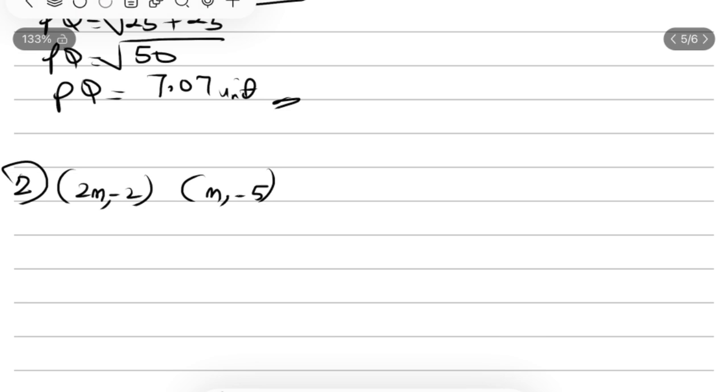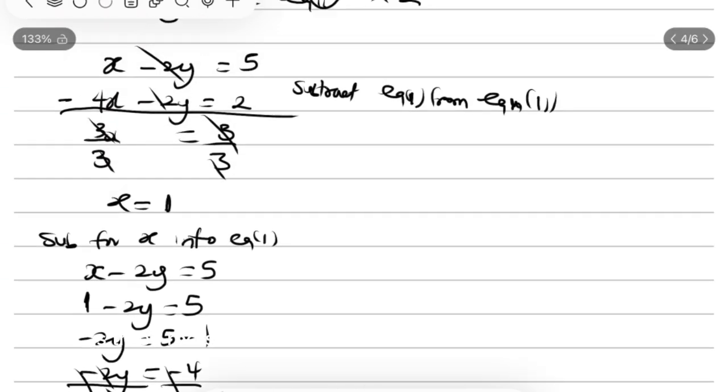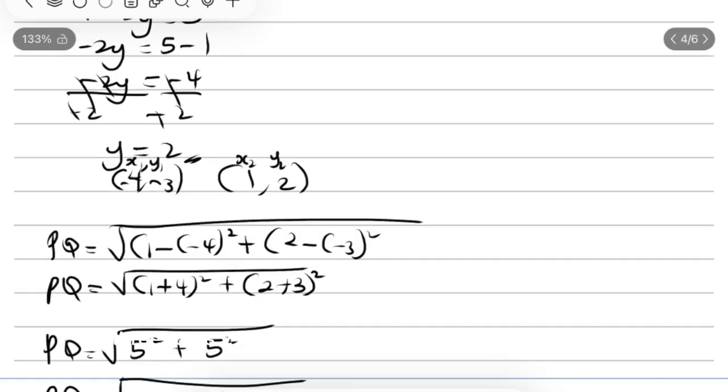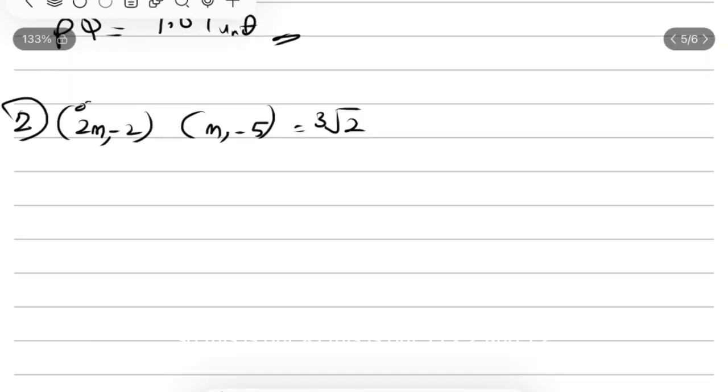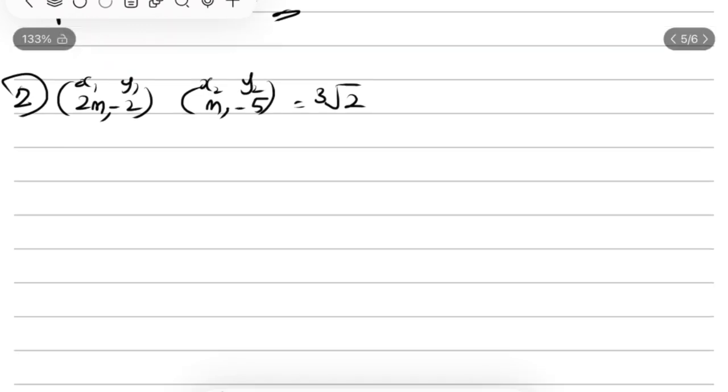So the answer is 3 root 2. So to solve that now, we can also solve that. So this is our x1, this is our y1, x2, and y2. So let's do that. That means our PQ in this case is 3 root 2.